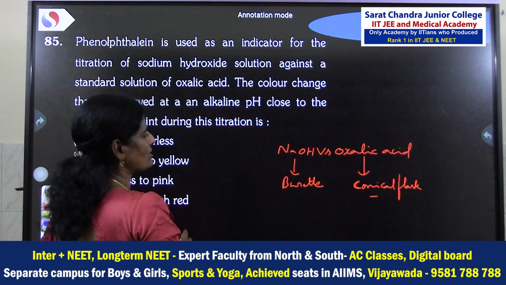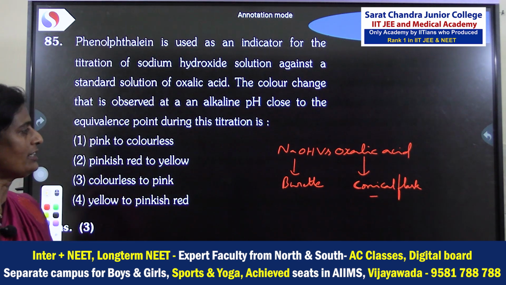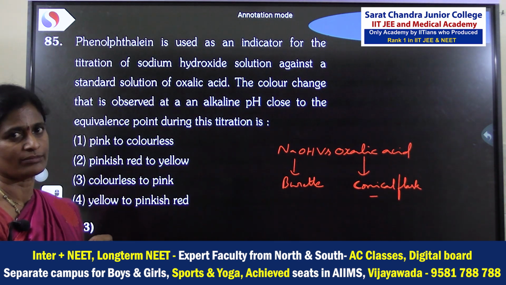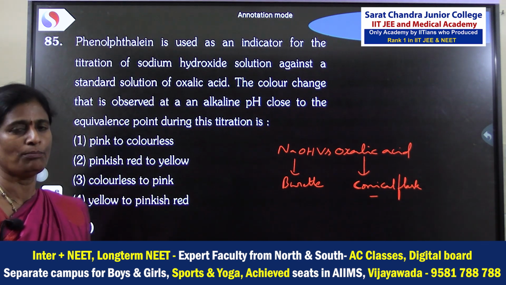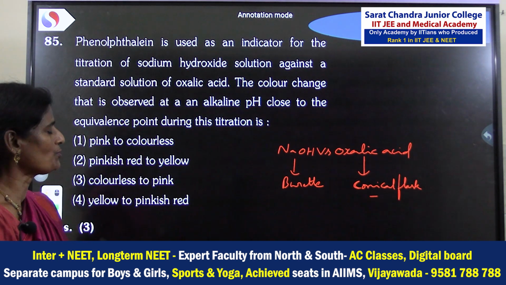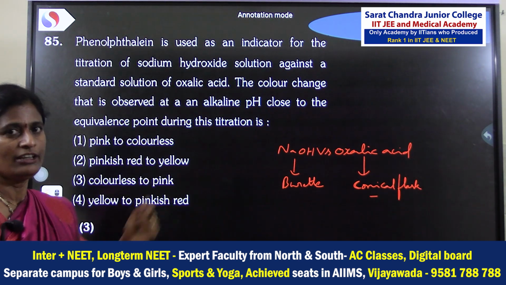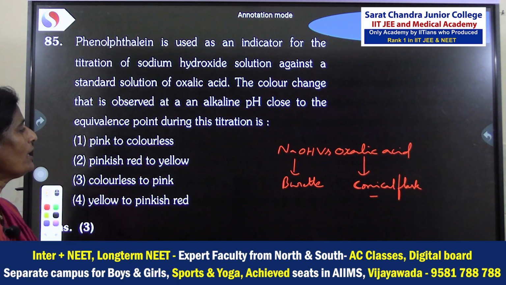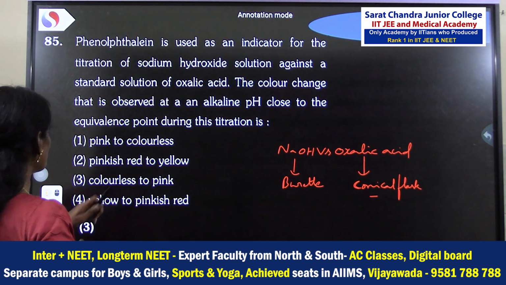So in the basic medium, phenolphthalein appears pink in color. So the end point of this reaction is colorless to pale pink. In basic medium, phenolphthalein is pink, whereas in acidic medium, it is colorless. So the correct option is colorless to pink.